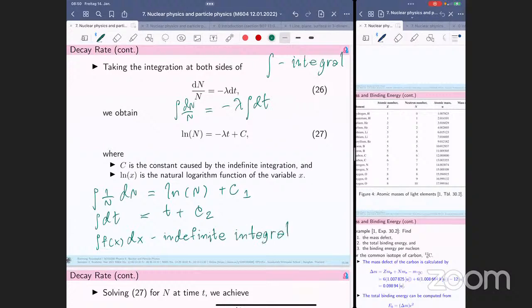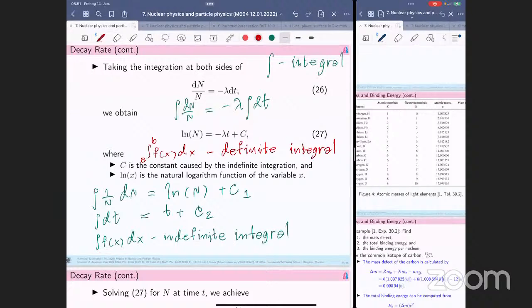Another type of integral is that you have the limits, which is written from a to b of f(x) dx. It's called a definite integral.